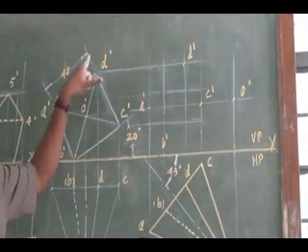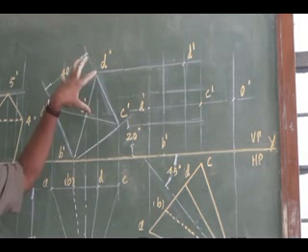So I have drawn the true shape of the square pyramid on VP like this.